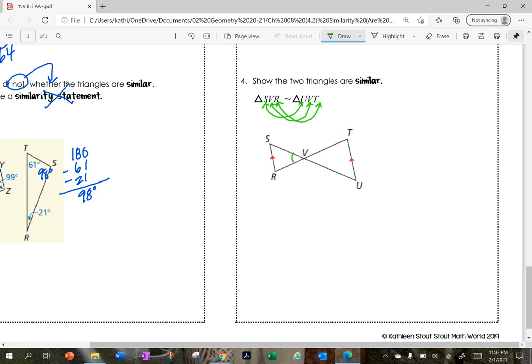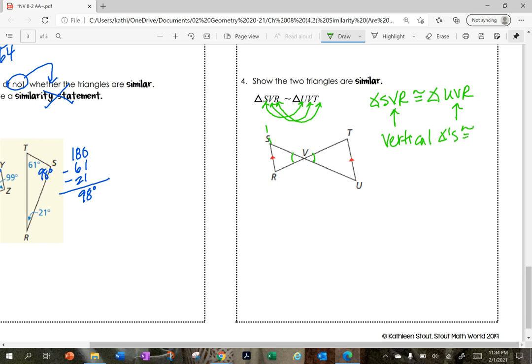So right now I know these are vertical angles. So I can say angle SVR is congruent to angle UVT, and these are vertical angles. So this is my angle V in both. So my vertical angles are congruent.